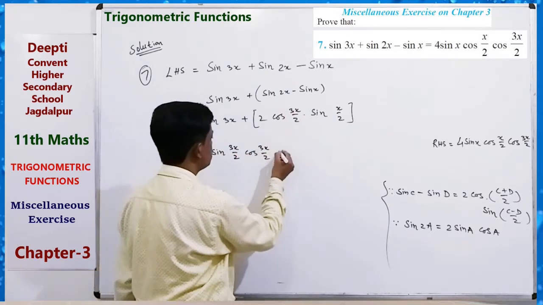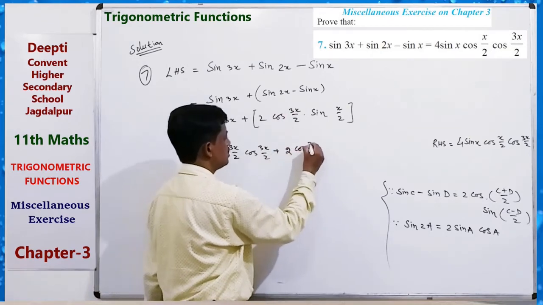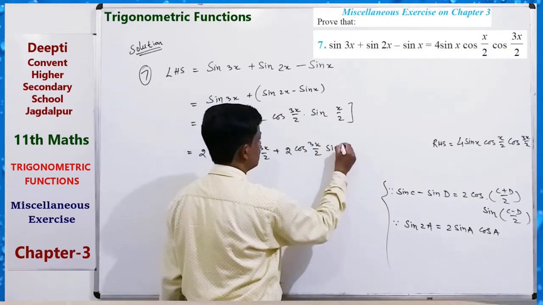Here also cos 3x by 2. So we get like this, cos 3x by 2 and sin x by 2.